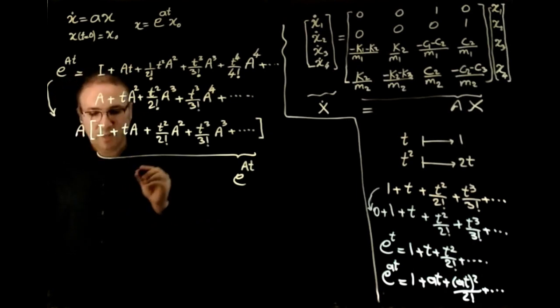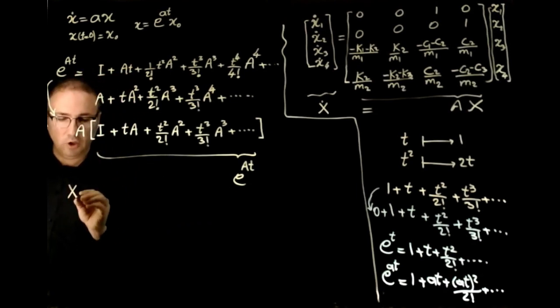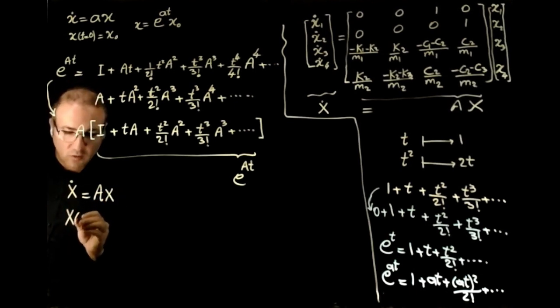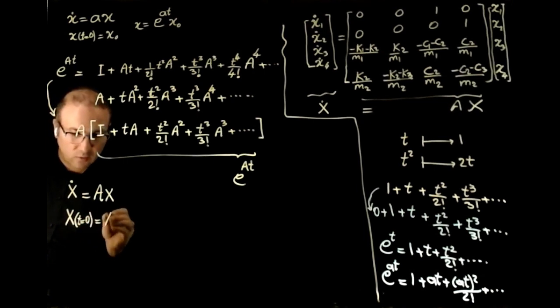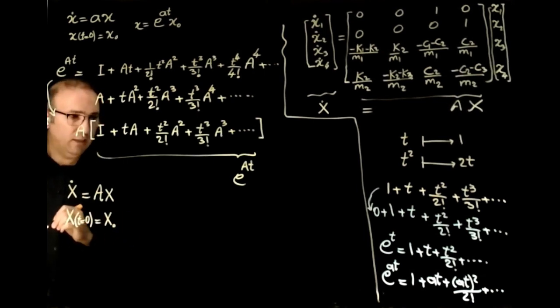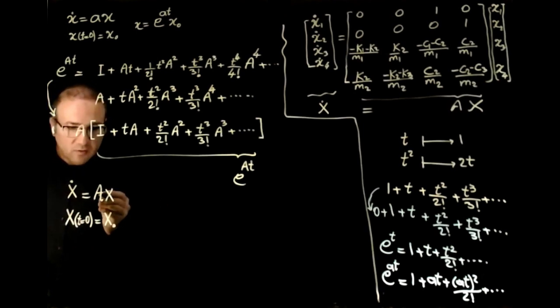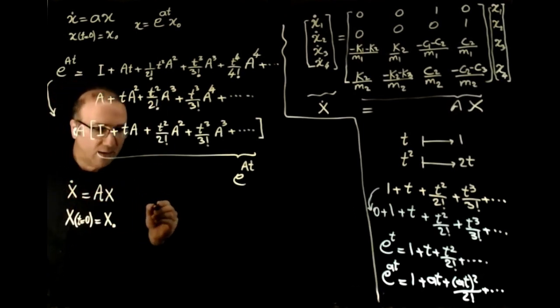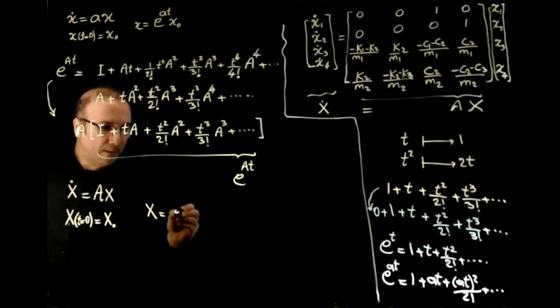So we can use that when we have a differential equation like x dot equals Ax, and x at time 0, let's call this x0, some initial values. Then, using the same logic, we can say that x equals e to the power of At times x0.